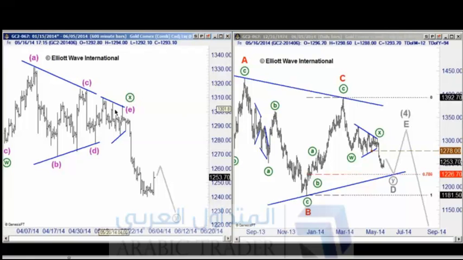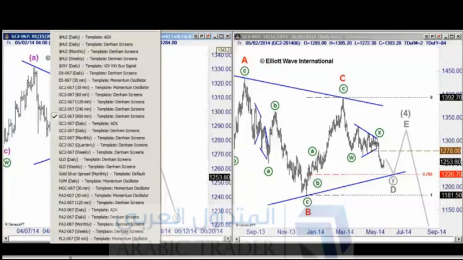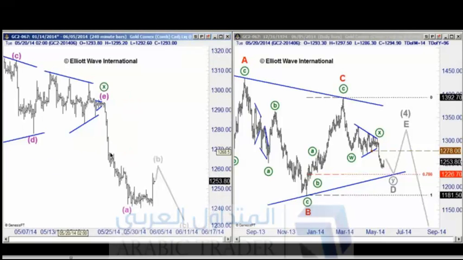Here's that wave X triangle that just completed the fall. That's probably wave A, rally that's B, and then I'm looking for wave C to the downside. And then to look at this in a little bit more detail on the 240-minute chart, there's that fall, kind of an A, B, C up at this point.